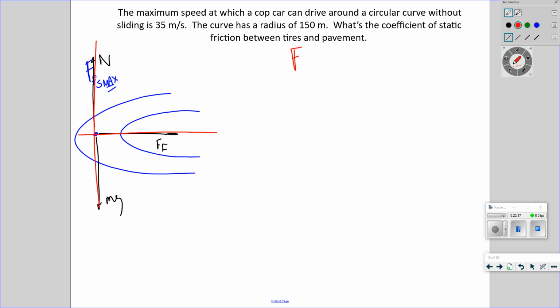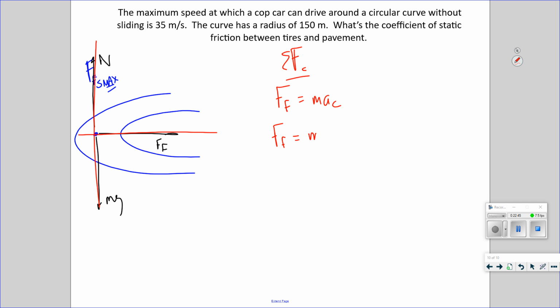So when we say net Fc, we say friction force is mac, or friction force is mv squared over r. Now we're looking for a coefficient of friction. Luckily, we've qualified that this friction force is a max static friction, so it's okay to say that this is mu static times the normal force.